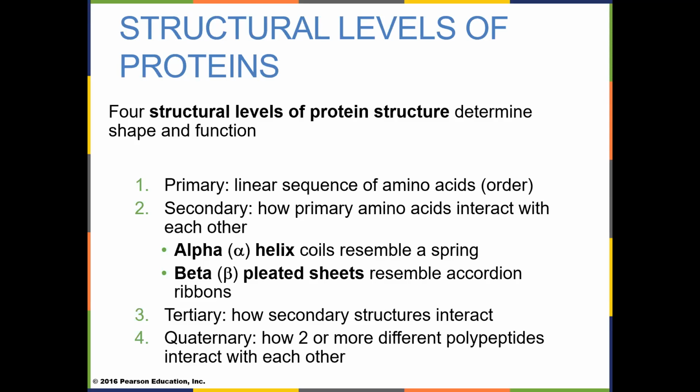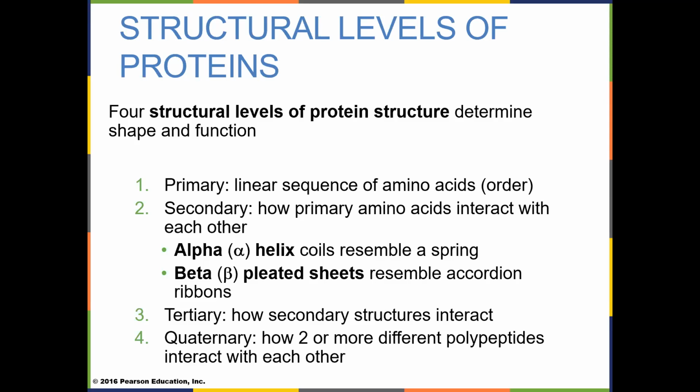DNA is the double helix, and this forms a shape similar to that. It's shaped like a spring. It coils up thanks to hydrogen bonds that occur across the different layers of the molecule, and it bends and twists like that. Or a beta pleated sheet, which looks like an accordion, where you have many folds in here.